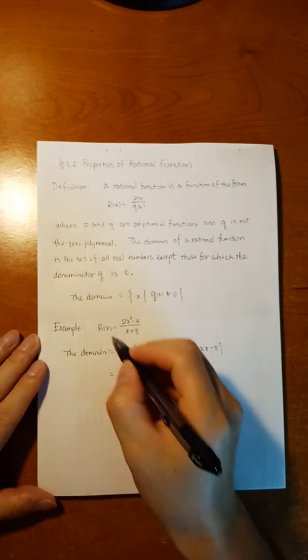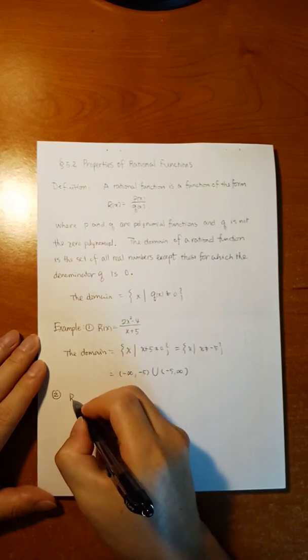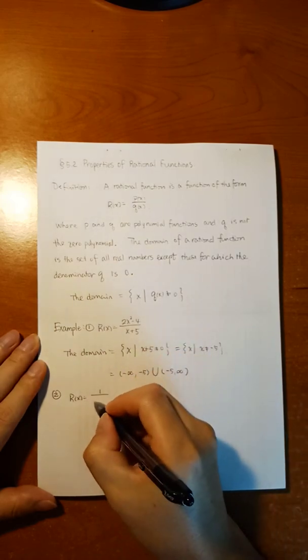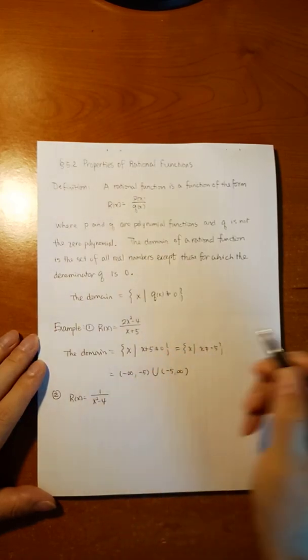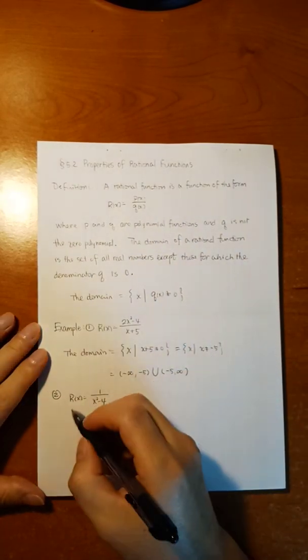Second, we have this rational function 1 over x squared minus 4. Then what is the domain?